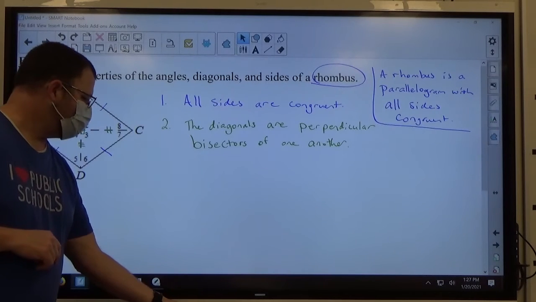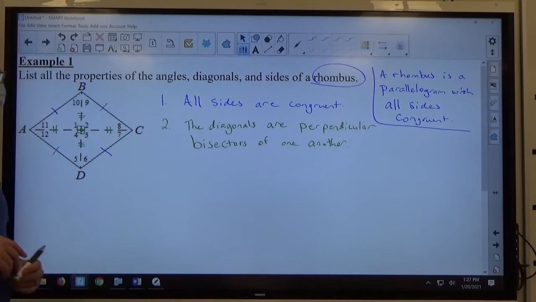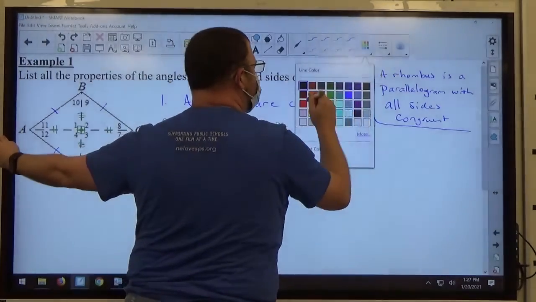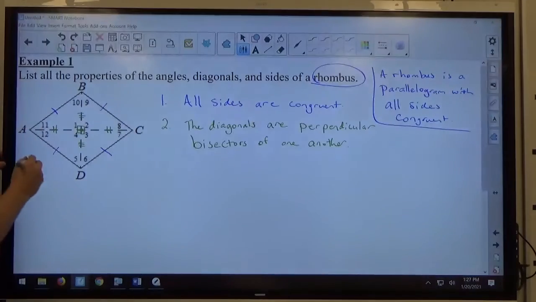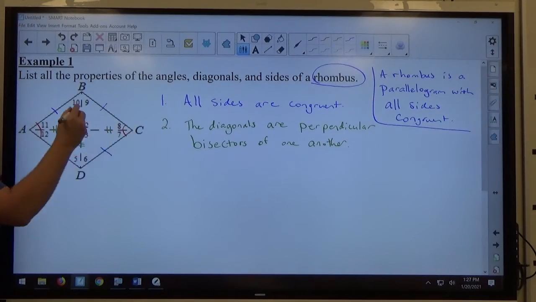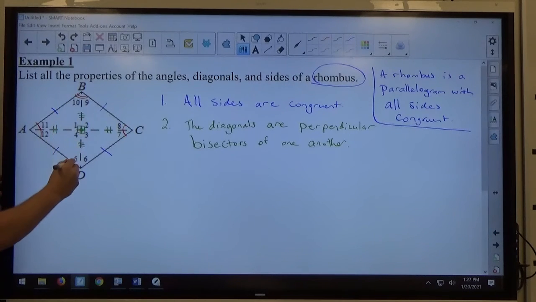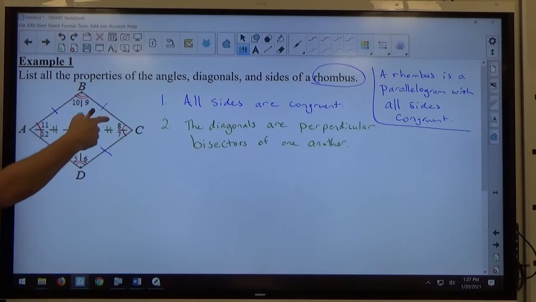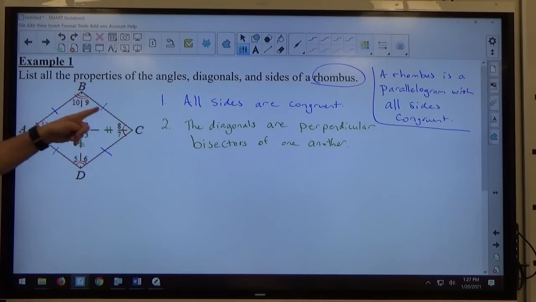Other thing about diagonals. Well, let me jump to angles first before I get to the diagonal. Just like a parallelogram, the opposite angles are congruent. So angle A is going to be congruent to angle C, and angle B is going to be congruent to angle D. I'm talking about the entire angle, so BAD angle A, ADC angle D. So the entire angle equals the entire angle.